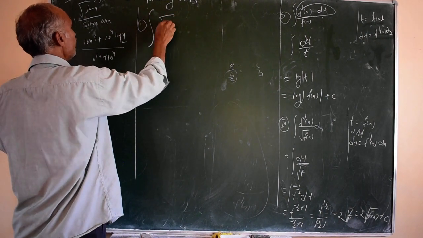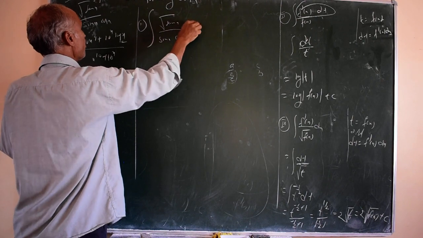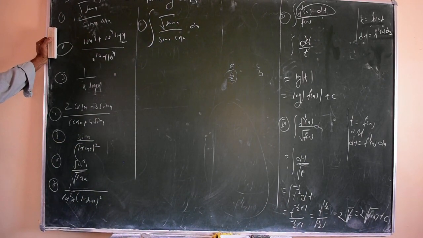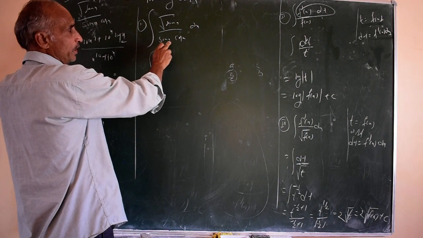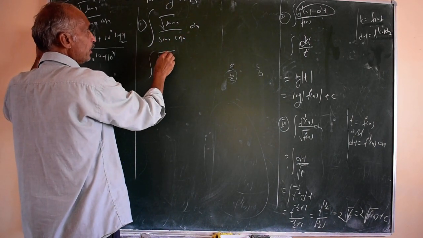Integration of root of tan x upon sin x cos x. All those 3 formulas are based on the substitution technique only; they are shortcut formulas. What I am doing here is dividing by cos x and multiplying the denominator by cos x.